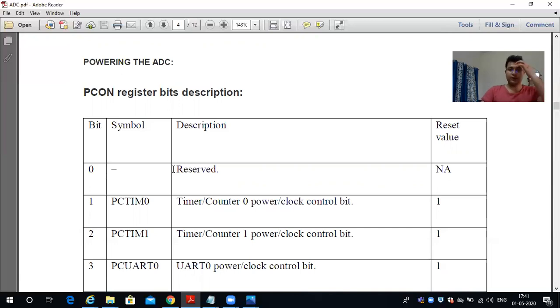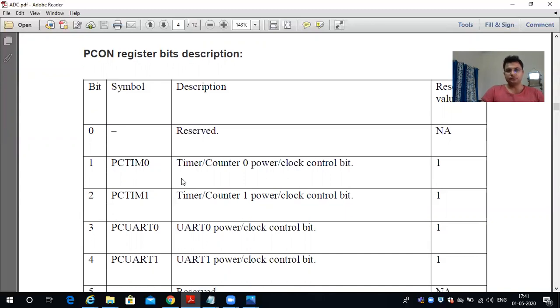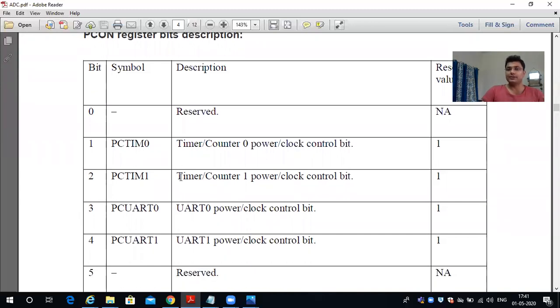In this power configuration register, first the 0th bit is not in use, it is reserved. Then, we have already discussed the timers. So for powering up timer 0, we need to set bit 1 as 1.